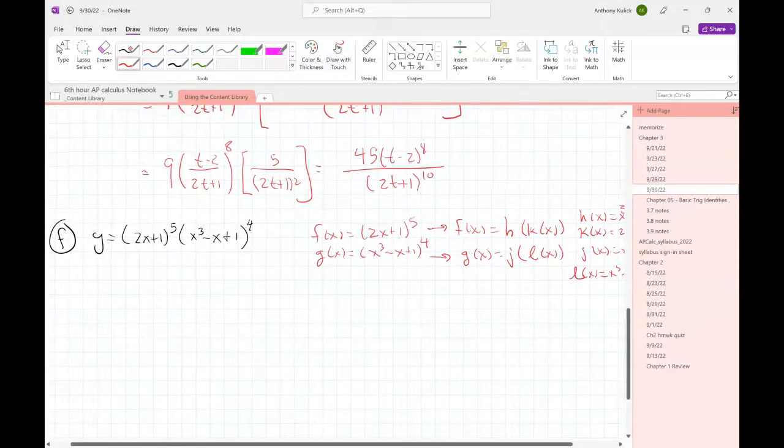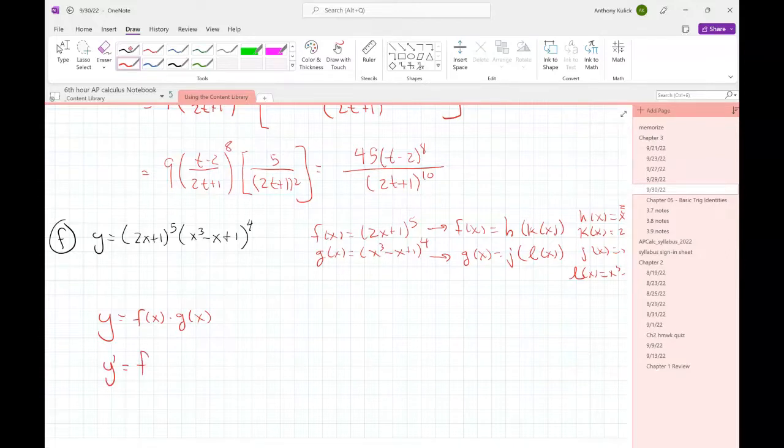So if I were to rewrite this, then I'd have y equals f of x times g of x. So y prime is going to be f of x times g prime of x plus g of x times f prime of x.